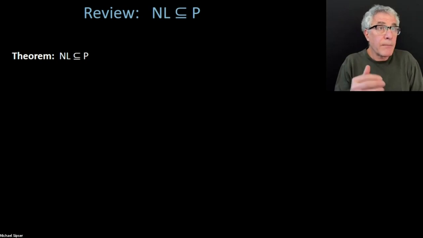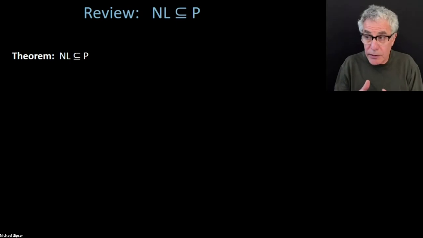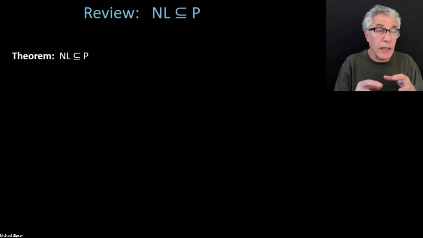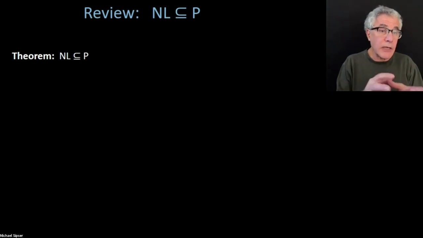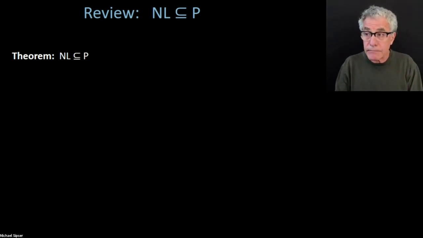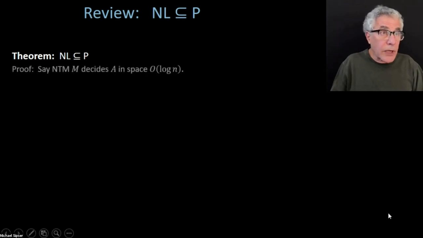But now we have a non-deterministic machine for some language. We're going to have to change it to become a deterministic machine that runs in polynomial time. And so we're going to give a deterministic polynomial time simulation of a non-deterministic log space machine. We kind of did this last time, but a little quickly.